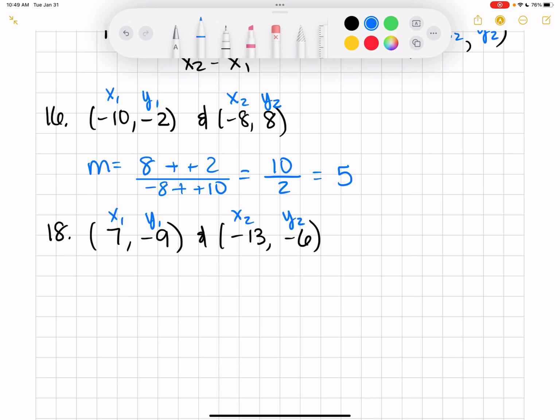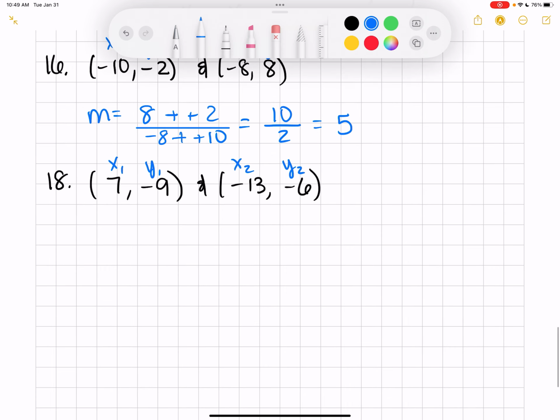Okay, I haven't actually worked it yet, so let's find out. So m is equal to y2, which is -6, minus y1, which is -9. So minus a negative is going to become plus, over x2, which is -13, minus x1, which is 7.